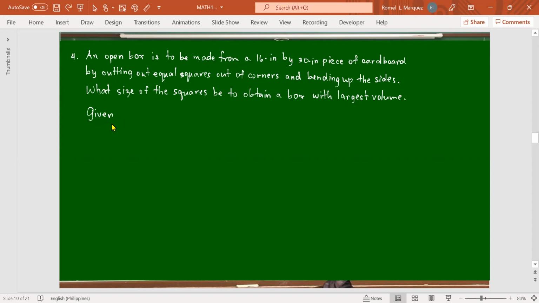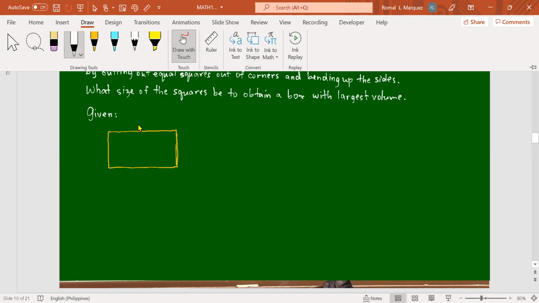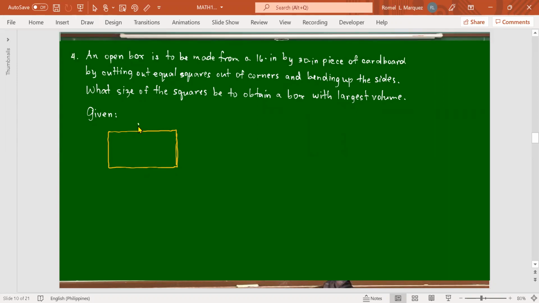So we're given a piece of cardboard, 16 by 30. Okay, children? So this is 30 inches, and here, 16 inches.